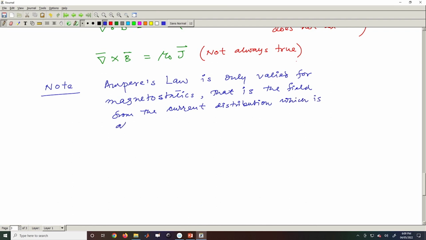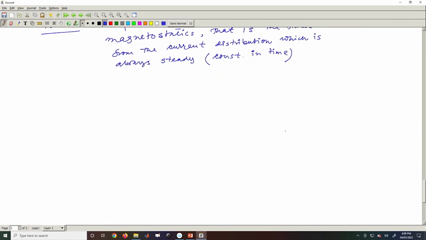What is the meaning? That means constant in time. So, Ampere's law is only valid for magnetostatics, and what is the condition of magnetostatics, from the first class, exploiting the continuity equation, that was divergence of J is equal to minus del rho del t.